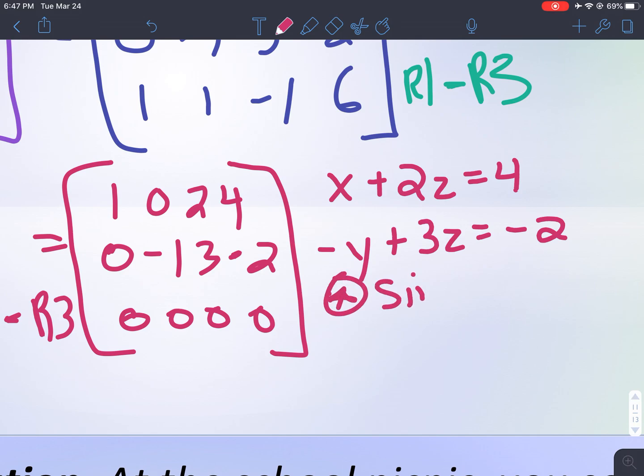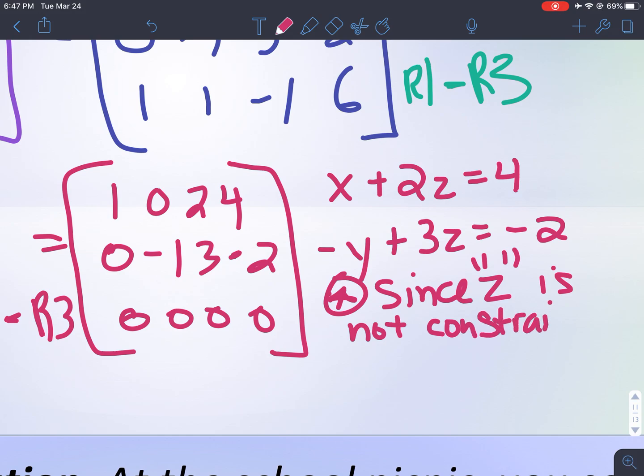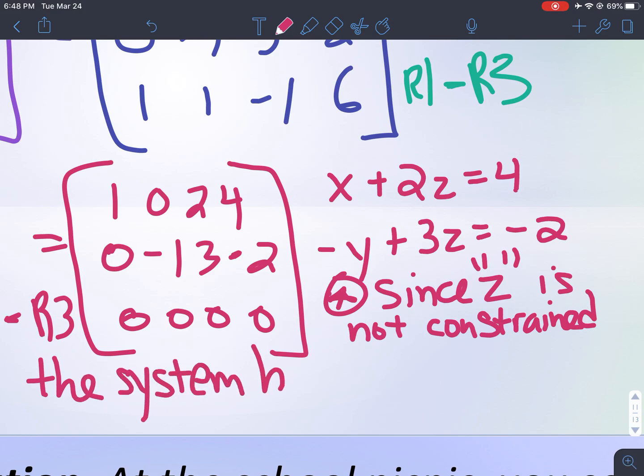All right, since z is not constrained, the system has infinite solutions.